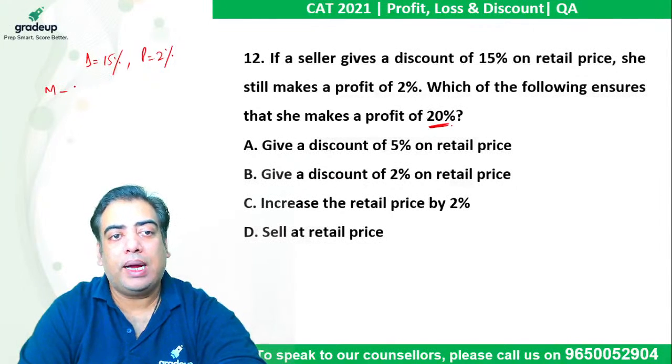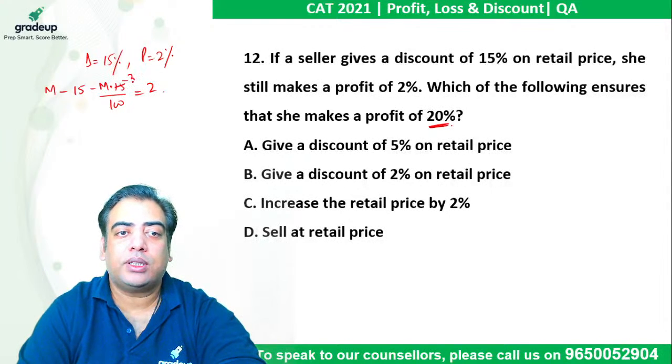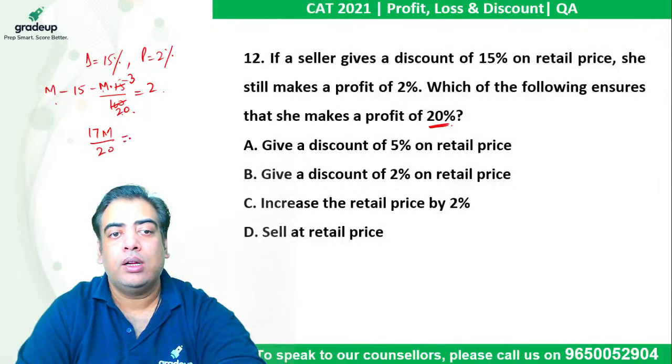So markup minus discount minus markup into discount upon 100 equals the profit percent, which is 2. So M minus 3M upon 20 comes out to be 17M upon 20, which is equivalent to 15 plus 2, 17. So M comes out to be a total of 20%.